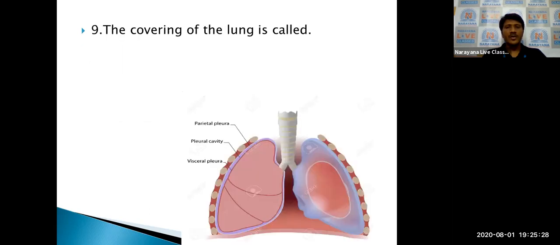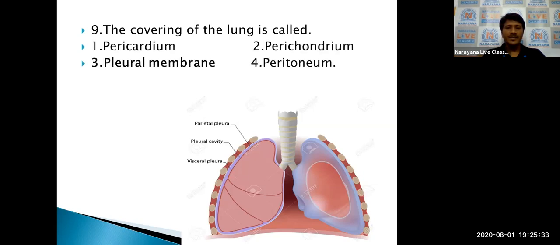Now, the covering of the lungs. There are two layers present, outer and inner layers. The outer one we call the parietal pleura. The lungs are covered with the pleural membrane. There are two pleural membranes, and between them pleural fluid is present.